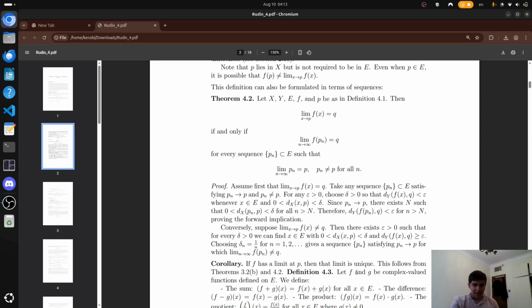And if we take delta n equals 1 over n for each p of n, so x equals p of n, that means as you let n go to infinity, delta goes to 0 and the distance between p of n and p goes to 0, which means it converges to p. That means this is true over here.